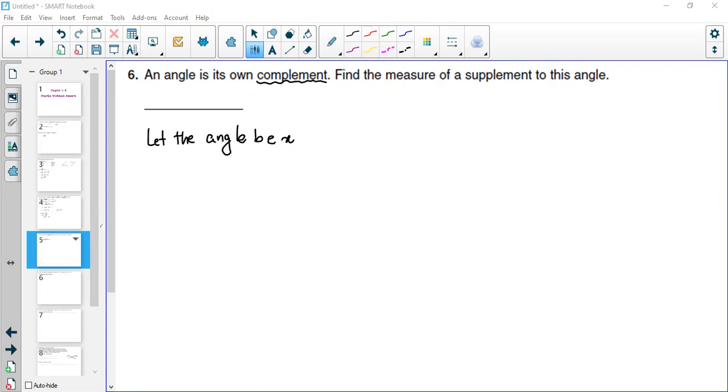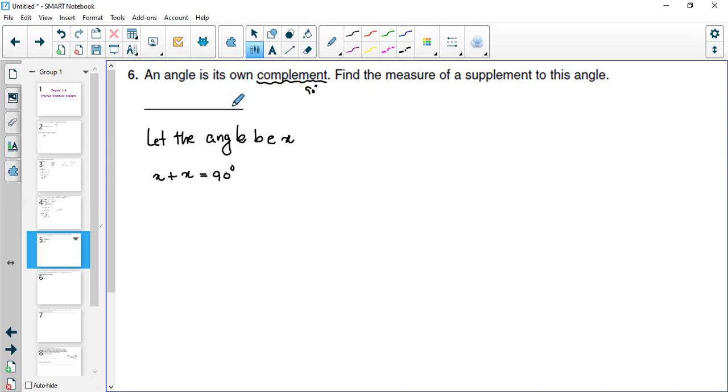So how much do complementary angles add up to? Complementary angles add up to 90 degrees, right? So which means if I add two angles, that is x plus x, that should give me 90 degrees. This is only because they did not give us any measurements. Rather, they said an angle is its own complement.